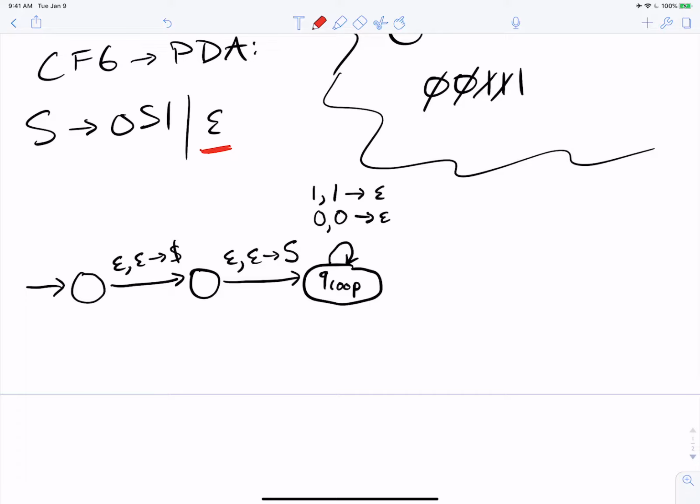So if S is at the top of the stack, that means we're just eliminating the S at the top of the stack and not pushing anything else. So what could we do here? Well, let's see. If we're just applying a rule, are we going to read anything off of the input? No. So I need a transition that doesn't read anything. So we're not reading anything. Let me make some room here.